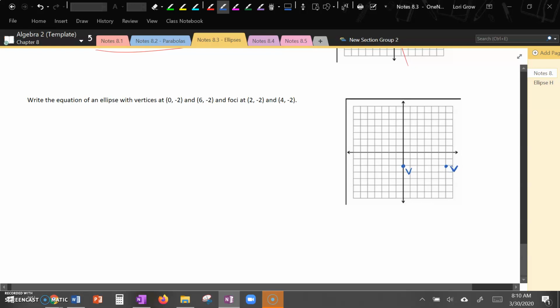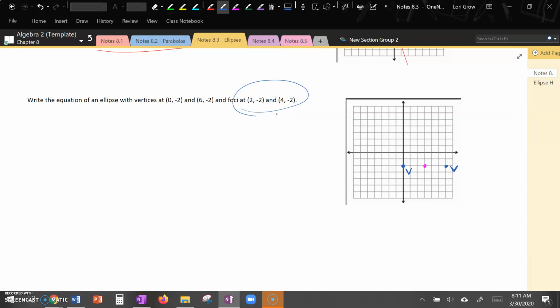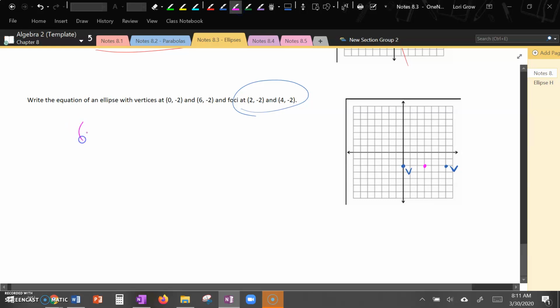Now, I don't know what the center of the ellipse is from the given information, but now that I've put the vertices on the graph, I can automatically find out that the vertex is right here. Not the vertex, I'm sorry, the center. It's always in the middle. I also know that this information is helpful. I'm going to have to do some algebra in order to find the co-vertices. So first, let's get started with writing our equation.